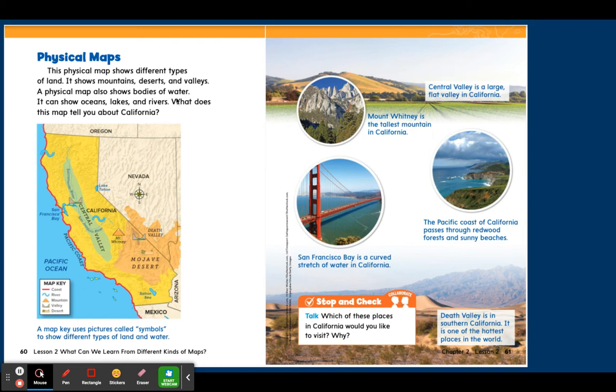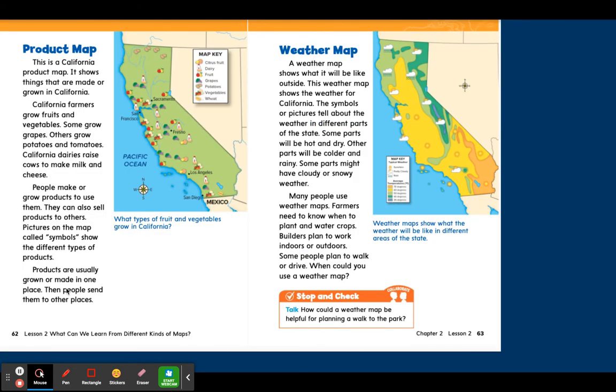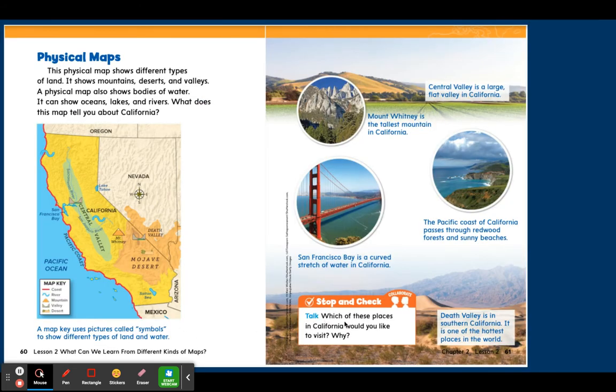So, as you can see, the physical map tells us the type of land that the map shows. Okay, so it tells us if it has rivers, mountains, valleys, or deserts. And what I want you to think about is how can this kind of physical map help us?